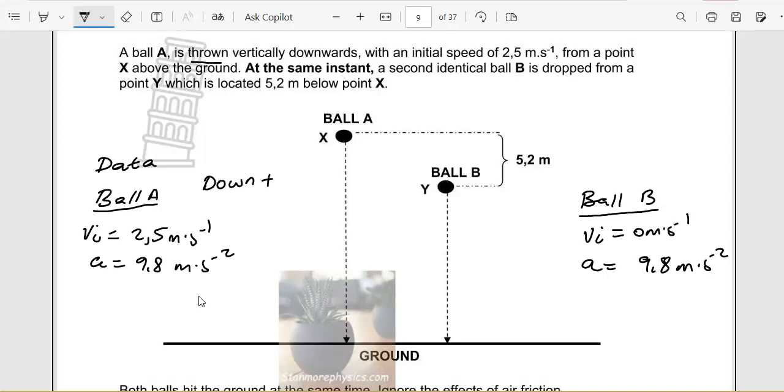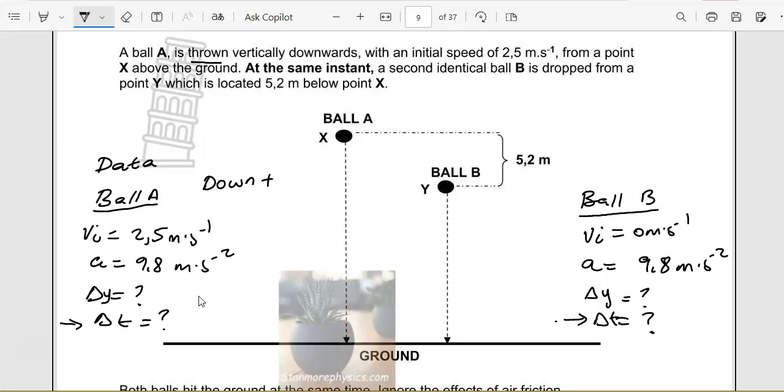So now we are missing something here: we are missing delta y on both sides, and we are missing delta t. But remember, delta t is what we are trying to look for.